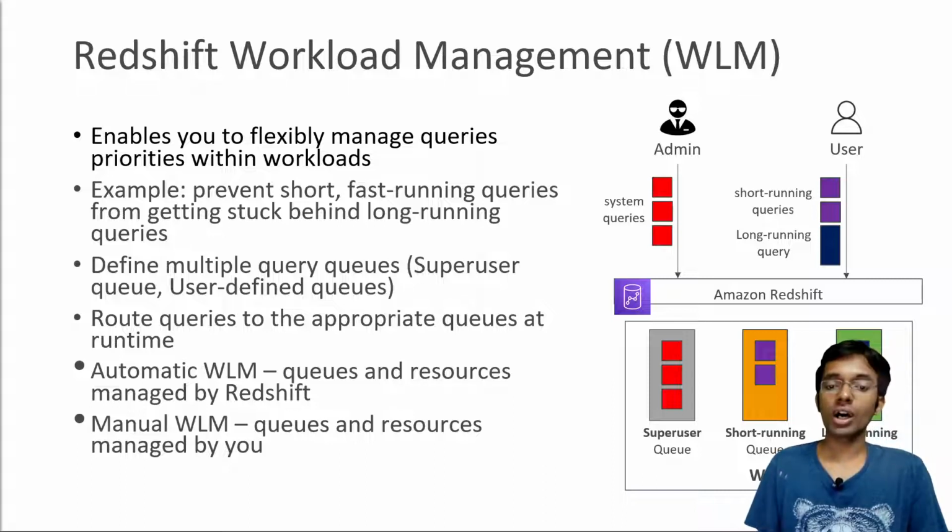And then you route your query to the appropriate queue at runtime. So in this example, I have Amazon Redshift, and I have 3 queues: the super user queue, the short-running queue, and the long-running queue. The names are pretty explicit.